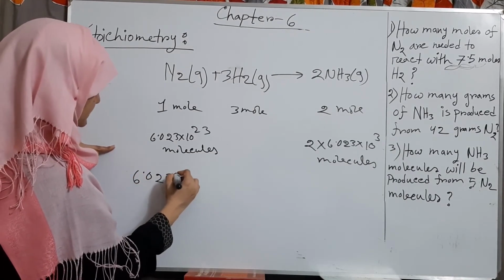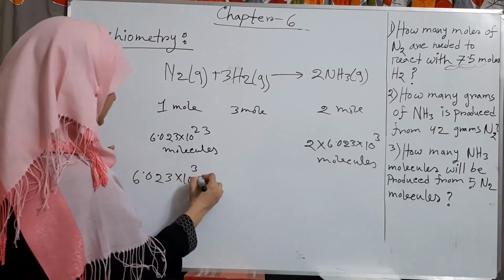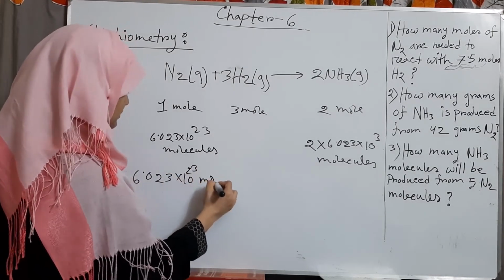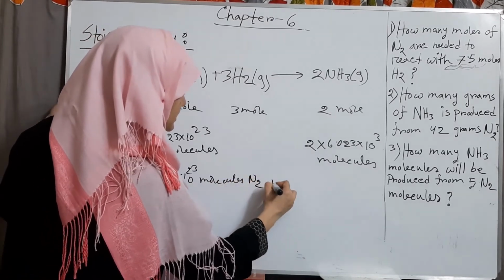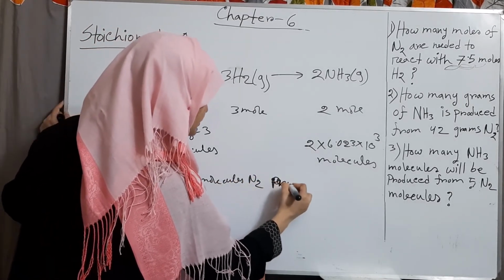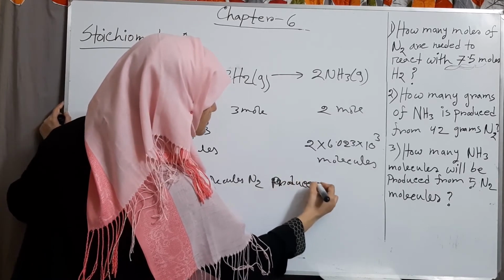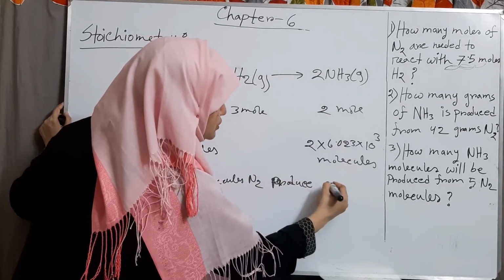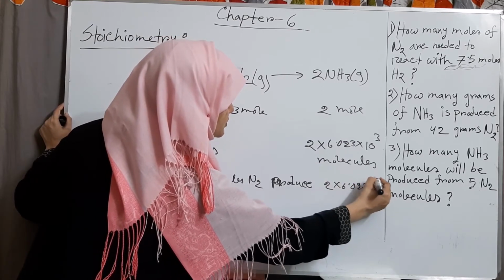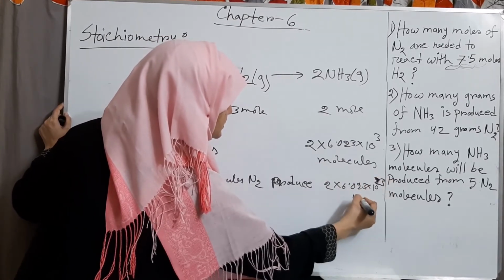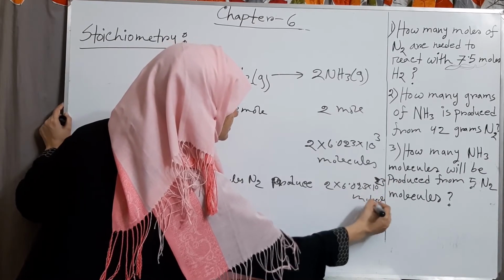6.023 into 10 to the power 23 molecules of nitrogen produce 2 into 6.023 into 10 to the power 23 molecules of ammonia.